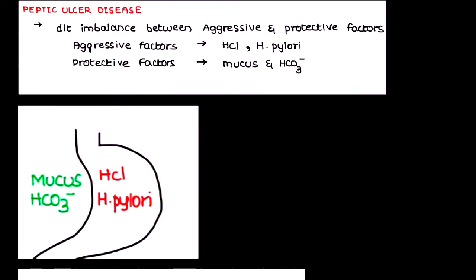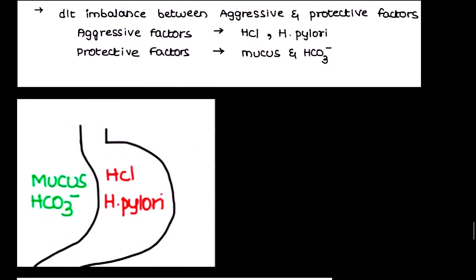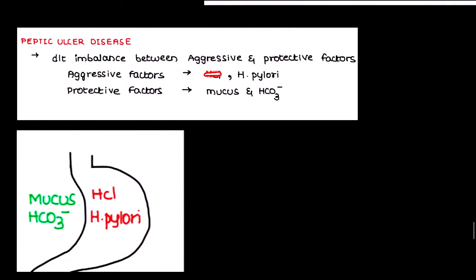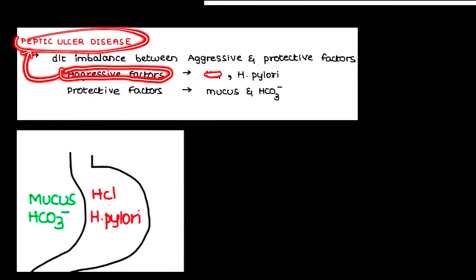Initially we are going to discuss HCl. We will try to decrease the amount of acid. If we decrease the amount of acid, then obviously we eliminate one of the most powerful aggressive factors. That's how we are going to treat this peptic ulcer disease.